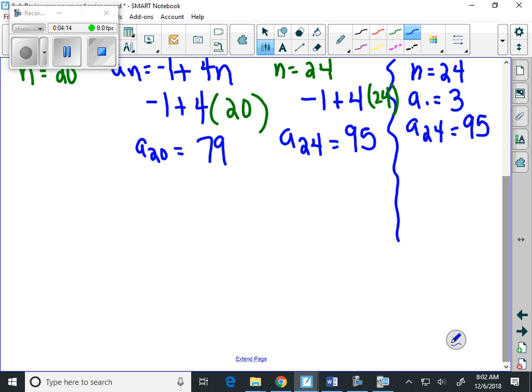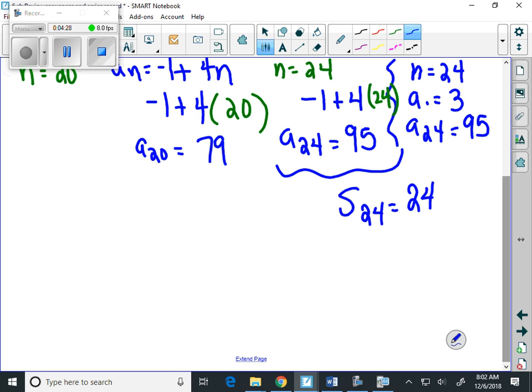So we're going to put those values back into the formula here. Try to separate once again. So when we put this in here, the sum of the first 24 terms is going to be 24 divided by 2 times our first term, which is the 3, plus the last term, the term that we just found in this problem, which is 95.